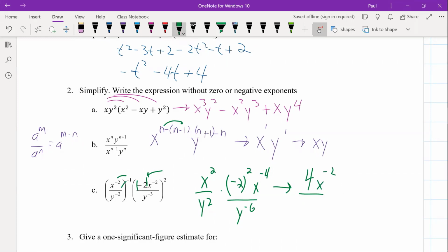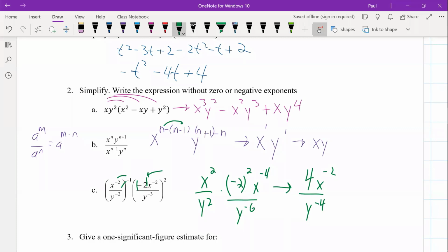And what about on the bottom? What's 2 and -6? That would be negative 4.